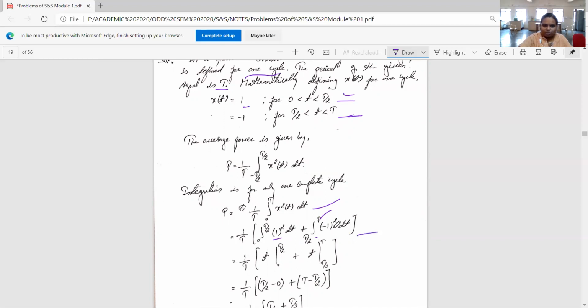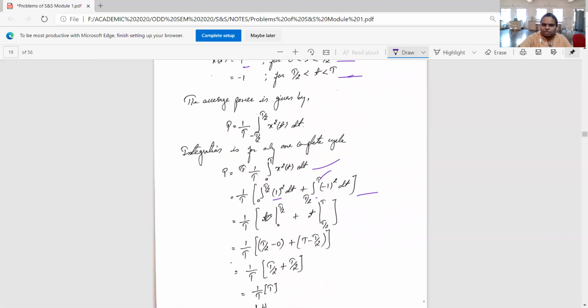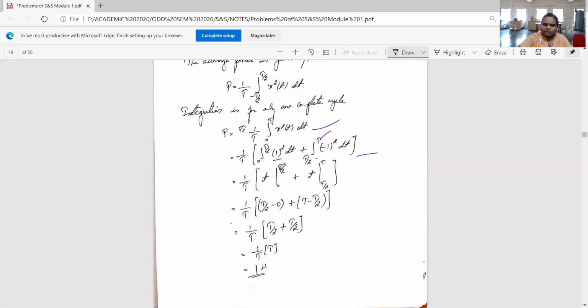Minus 1 square means 1 only, right? Then you'll get the integration of dt as t only, with the limit 0 to T by 2, plus here also dt integration is t, with limit T by 2 to capital T. Then if I apply the limit, T by 2 minus 0 plus capital T minus T by 2.